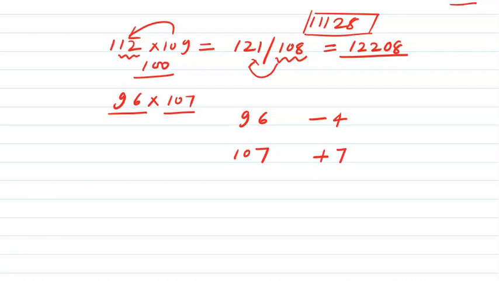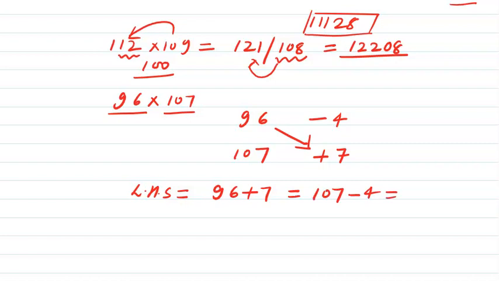Here the surplus is plus 7, right? So the process remains the same. What will be the left hand side? Either I add 7 to 96 or I subtract 4 from 107. And I think you can clearly notice that in both cases it will be 103.